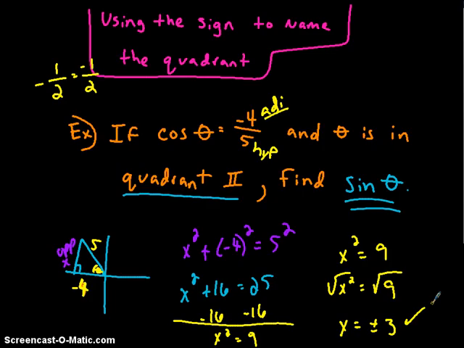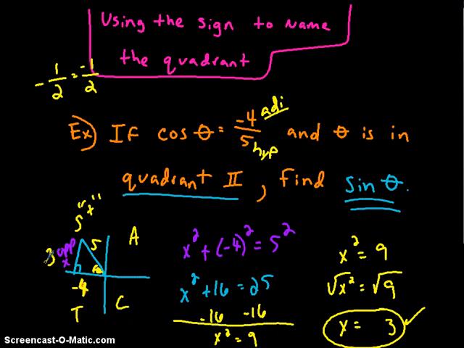After we go back and we make sure our quadrants are in order of all students take calculus, we know the sign is positive right here. So even though we said it's positive or negative 3, we only take the positive one. So our only answer is positive 3. Meaning that this one right here is 3.